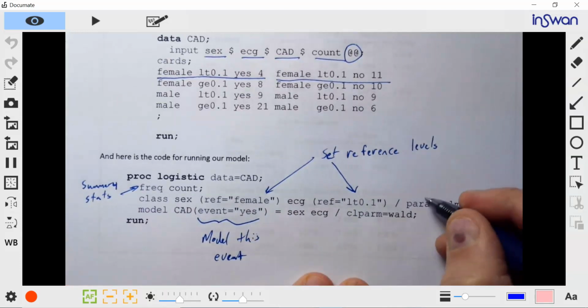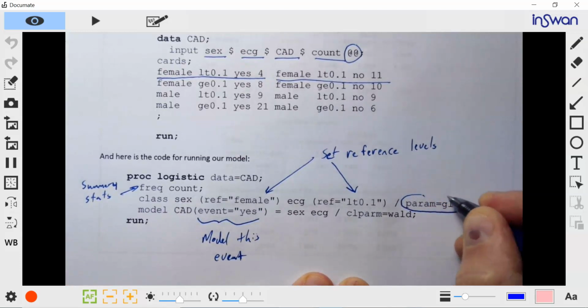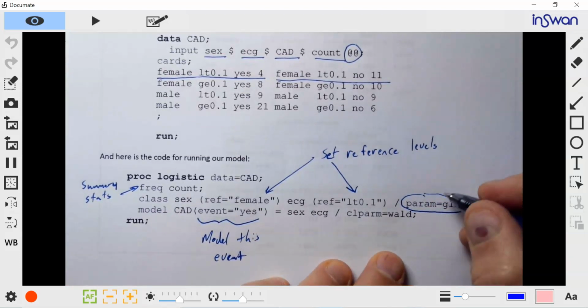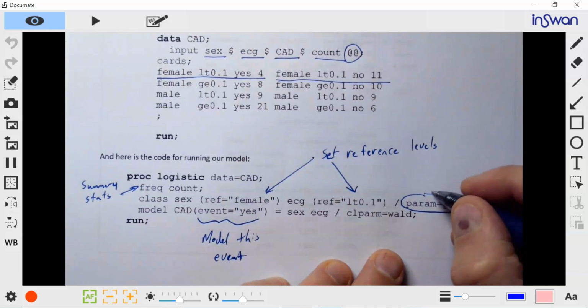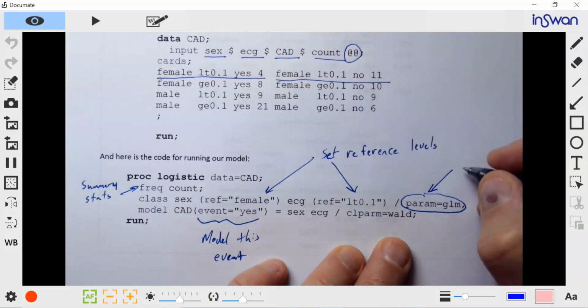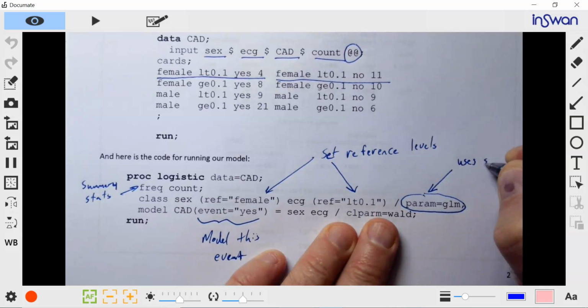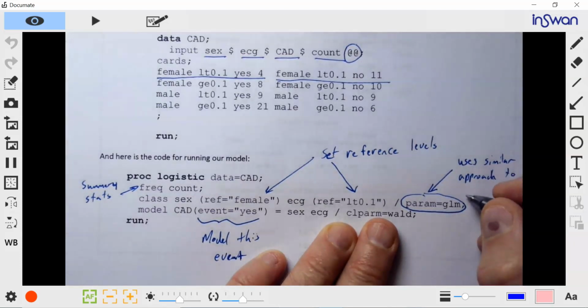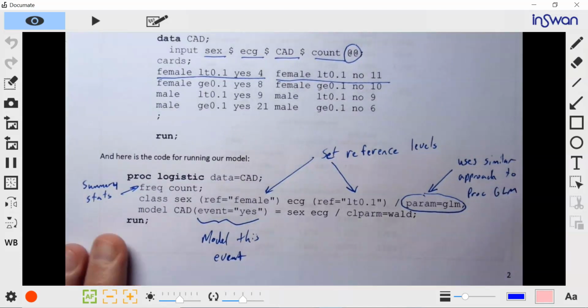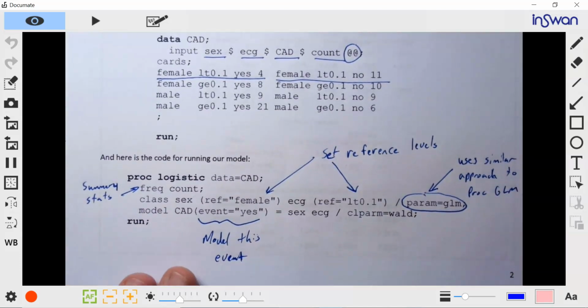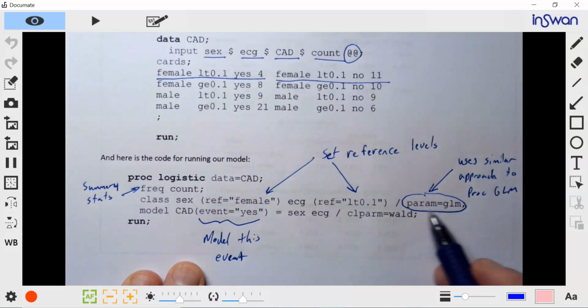And then we have to use this extra thing in proc logistic, and I'd recommend using param equals GLM, because that's going to make it familiar for you. This is going to use a similar approach to explanatory variables as in proc GLM. So it's going to look familiar to you as it did in proc GLM. If you leave this out, you will get weird results.